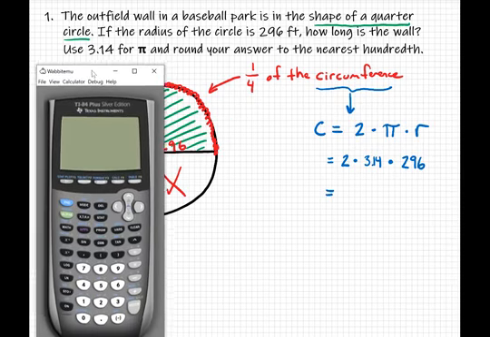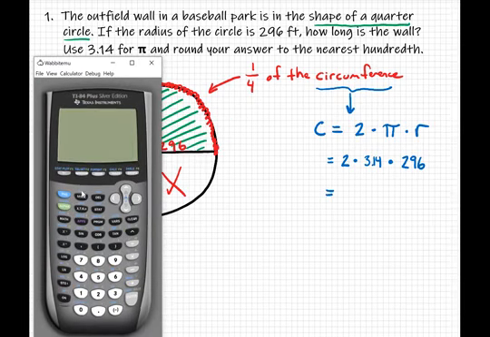So we can bring our calculator in. 2 times 3.14 times the radius, which is 296. So that's 1,858.88.